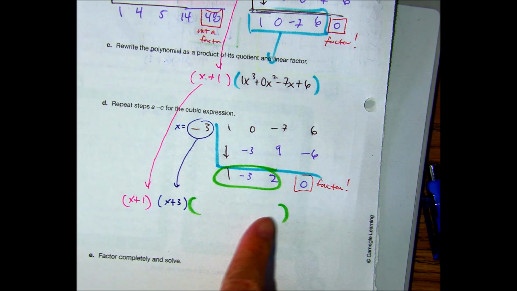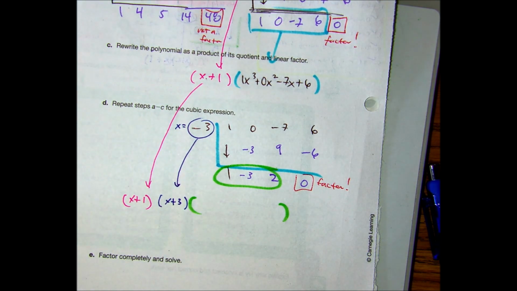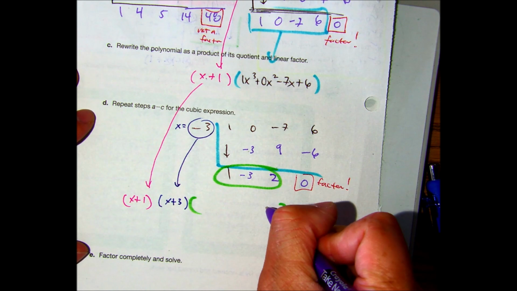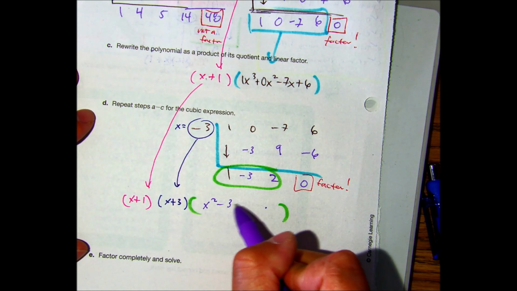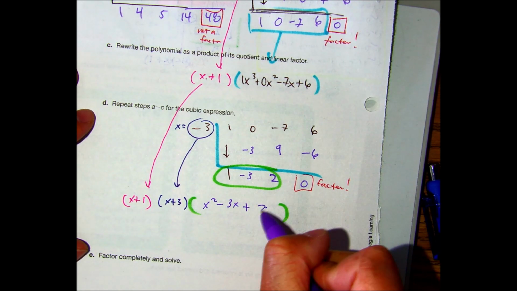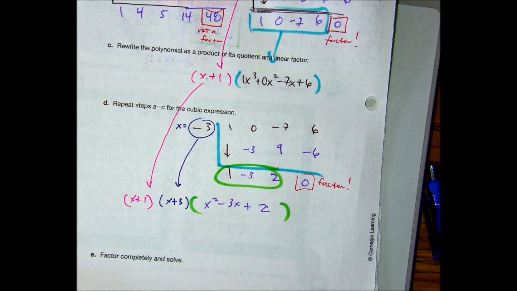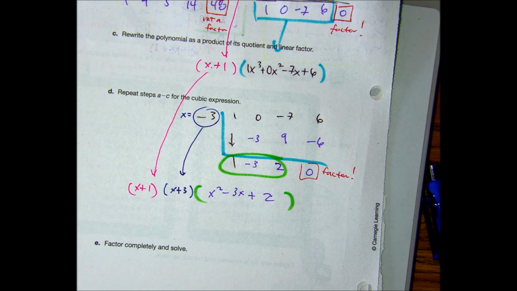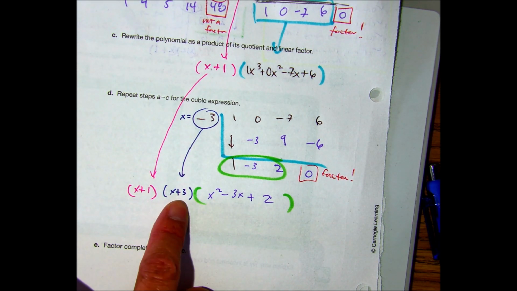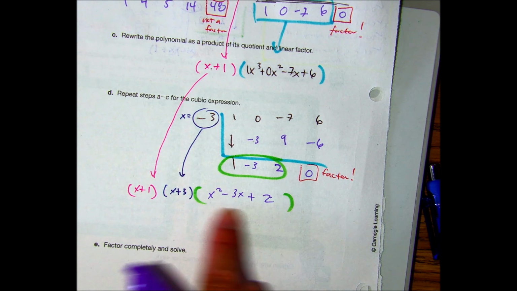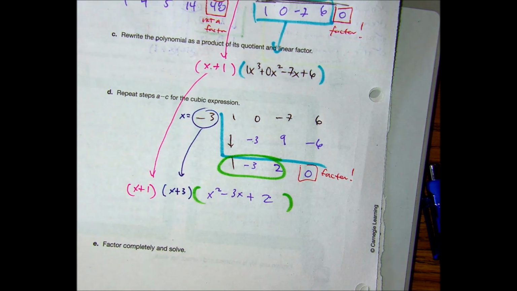And class, tell me what to write here. X squared plus 2. Which one of these is not factored? This is a factor, right? No. This is a factor. Class, is this factored? No. And then we can just use our what?